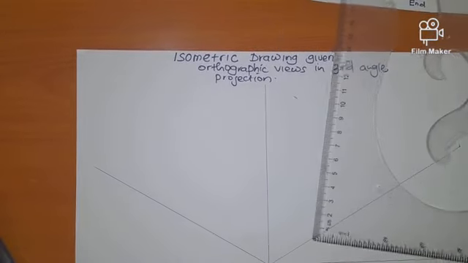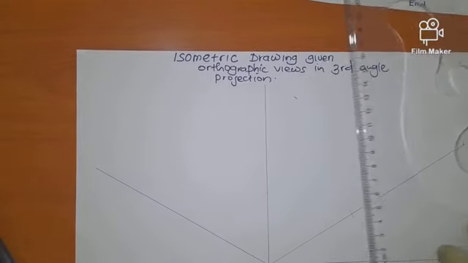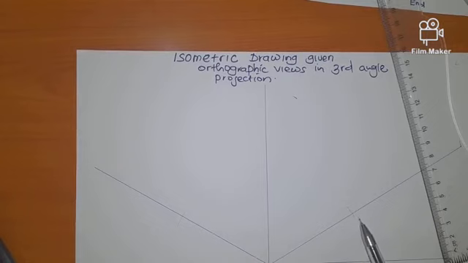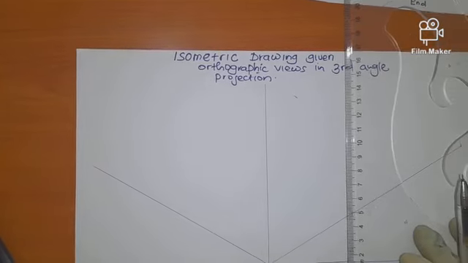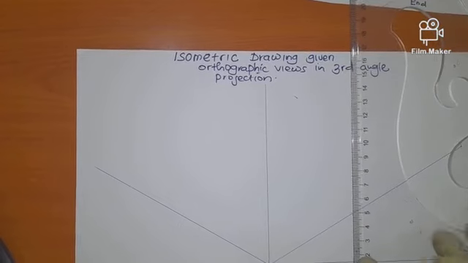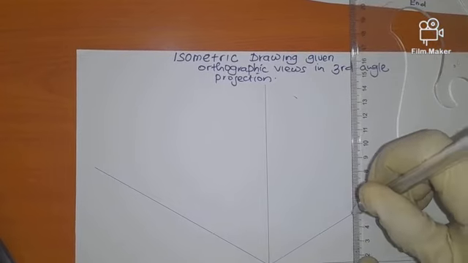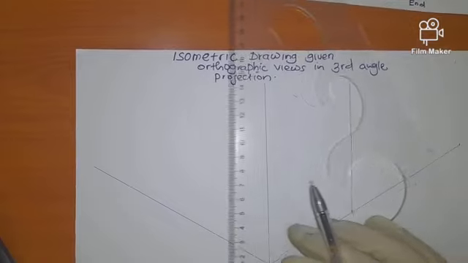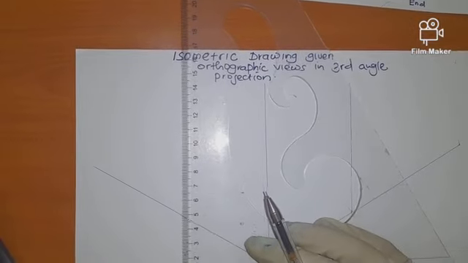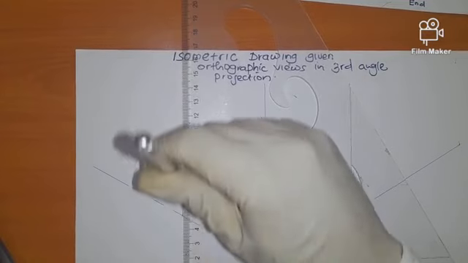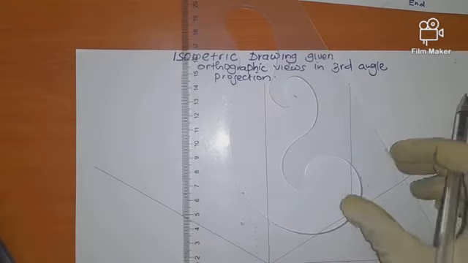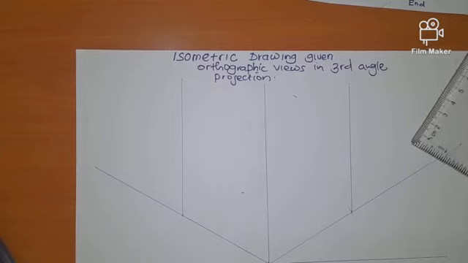So from here, as you can see, we are going now to include this distance from here upwards, so that it can now give us the height of that solid figure. So from here, we can have this, and then again you move to this other side, and you draw it from here upwards. Once we have that, we can now be able to know what is the height of that particular solid figure.